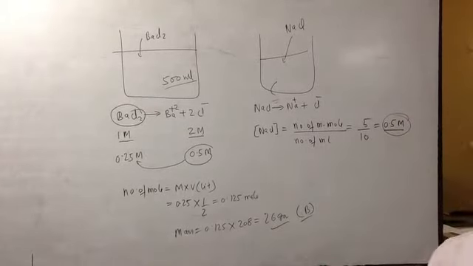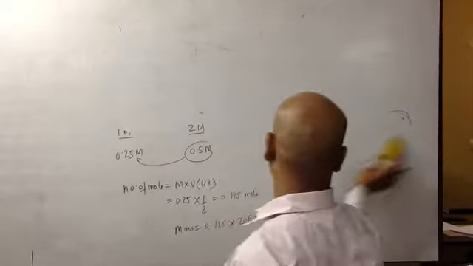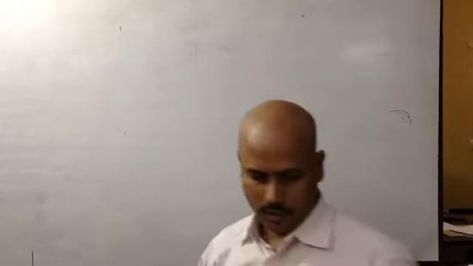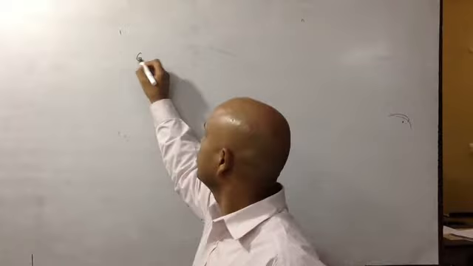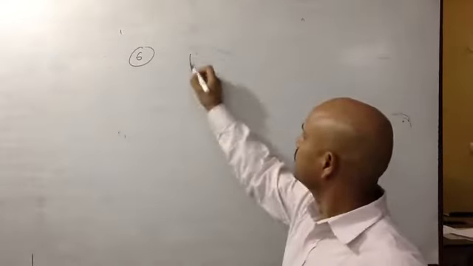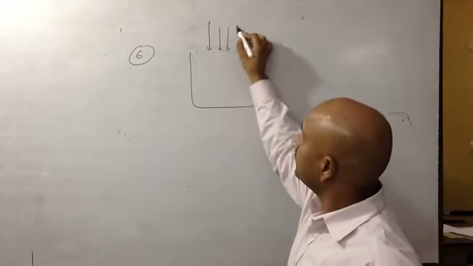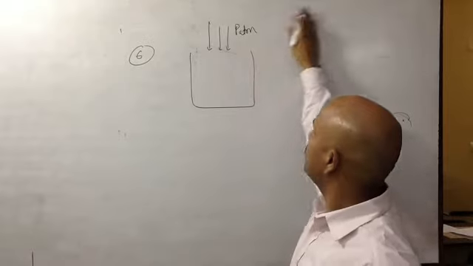Next is question number 6. Question number 6 is an open vessel. Whenever we have open vessel, the pressure acting here is atmospheric pressure, you have to keep in mind.